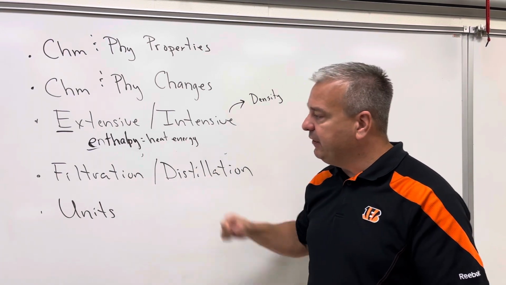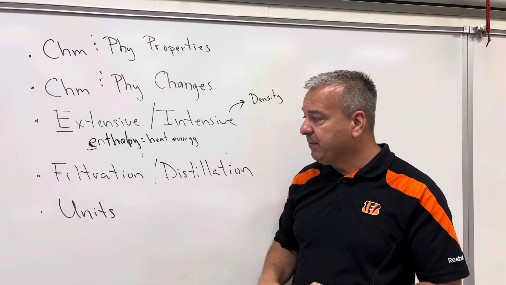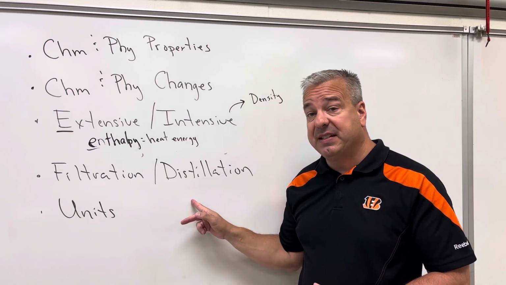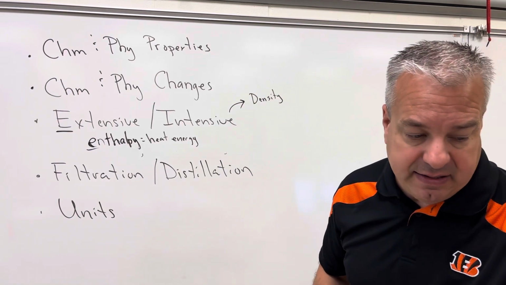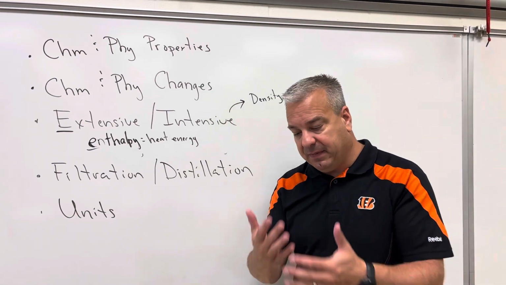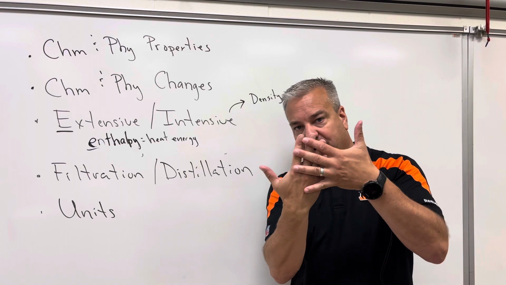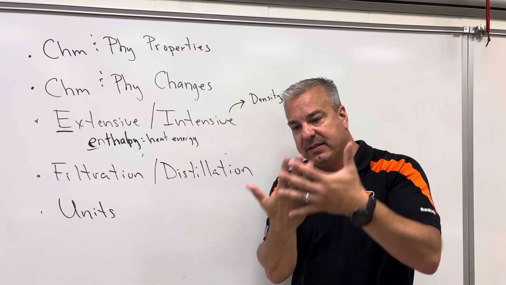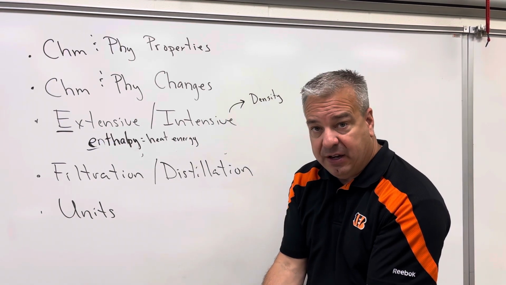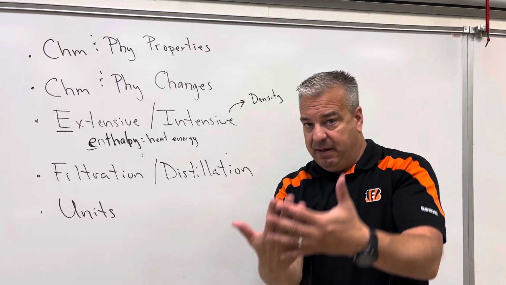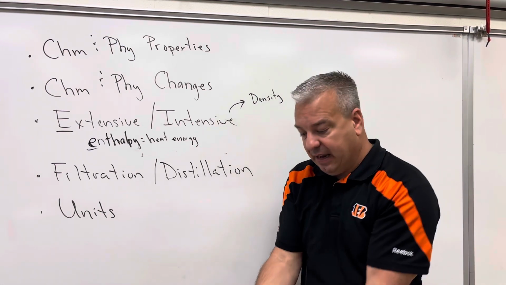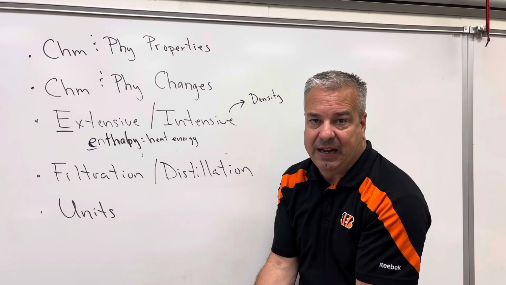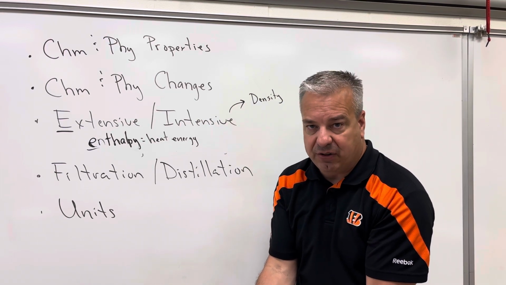Next 2 things are filtration versus distillation. They are both separation techniques. The way filtration works is using some type of medium that has holes. If I created a grid with my hands, that could be a filter, and it would allow any particles that are smaller than the holes in my hands to fall through, and then my hands would catch everything else that's larger than the holes.